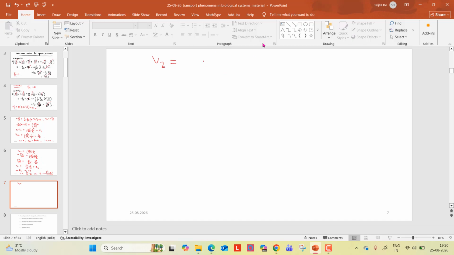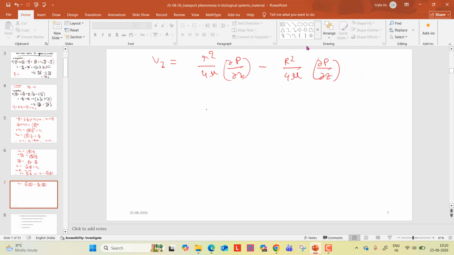It will be small r square by 4 mu del p del z minus capital R square by 4 mu del P del Z. Right?